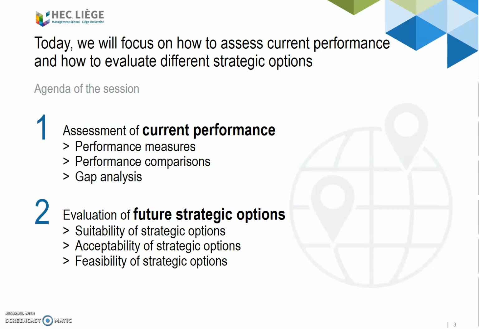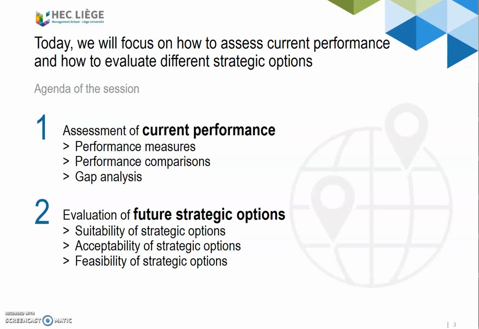So that's really key. And so today we have two main chapters. The first one is really to assess the current performance. So how do you evaluate the result of the strategy you have already decided and put in place? And you'll see that it's possible to do that through performance measure, through performance comparisons, and through gap analysis.